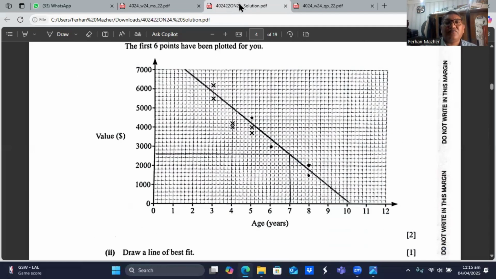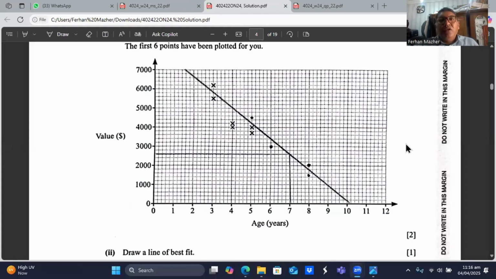If you look at the line of best fit, it crosses the x-axis at approximately 10 years. You can see that in our scatter diagram, our line of best fit crosses the x-axis at 10.2.